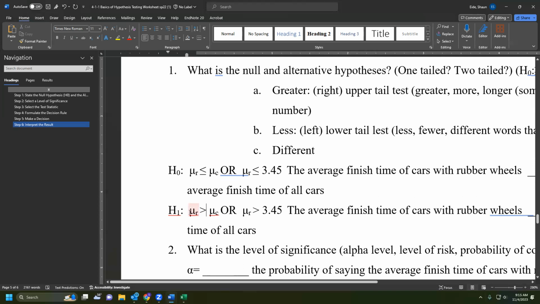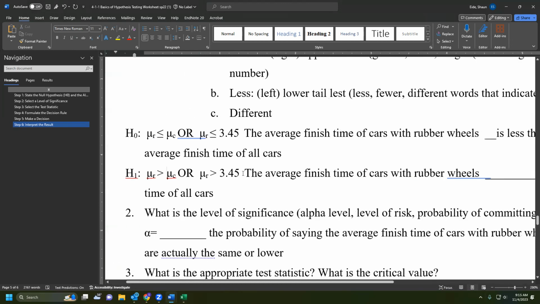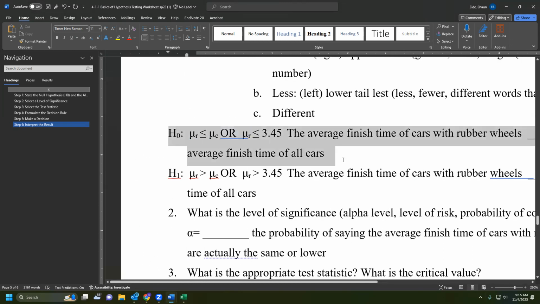Okay, and then right here we have the alternative hypothesis, which is what we think is probably going to happen. We're always testing the null hypothesis, but for this alternative hypothesis, we notice that this symbol is always pointing towards the tail of the test. It's pointing towards the right tail, or the upper tail.